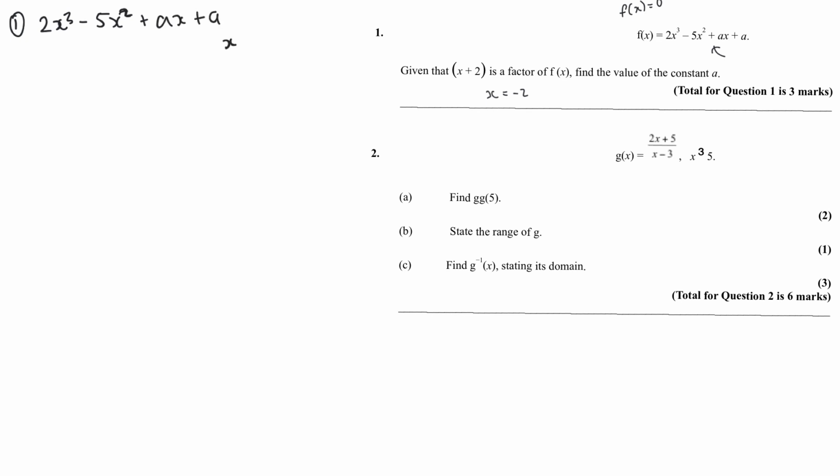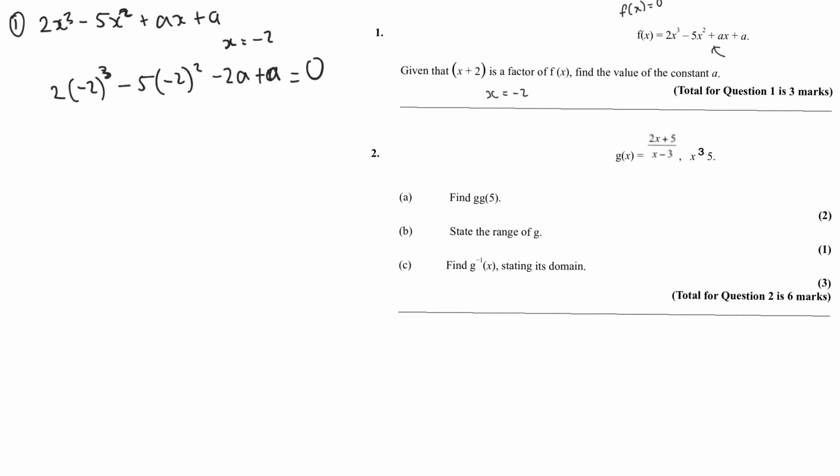So then if x is equal to minus 2, that would be 2 bracket minus 2 cubed minus 5 bracket minus 2 squared, and then minus 2 times a would be minus 2a, because minus 2 was x, plus a. So now that's equal to 0.